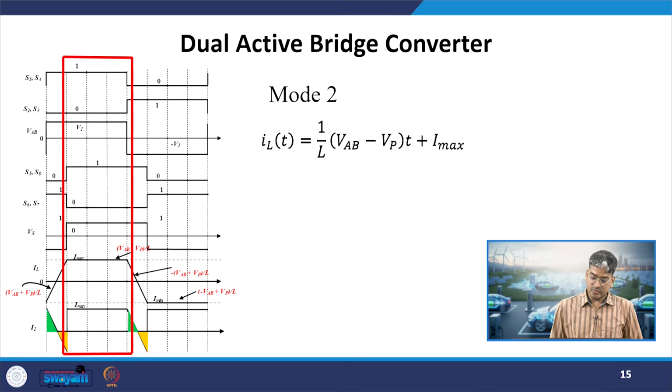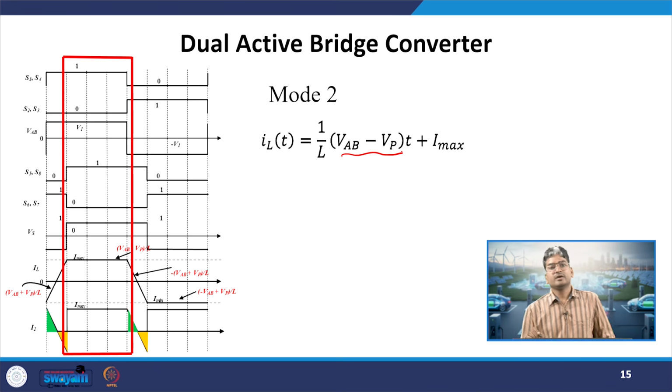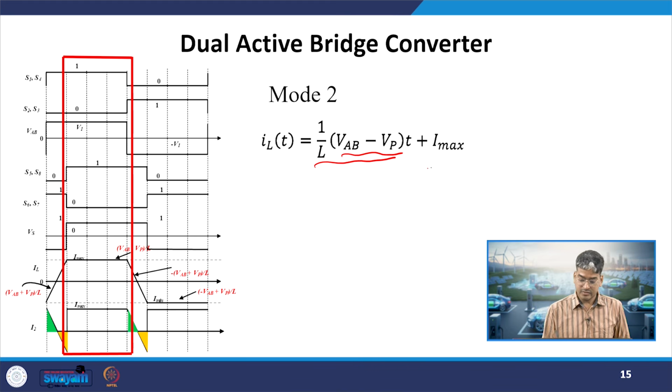So, in mode 2, what will be the voltage applied across the inductor? It will be the difference between our VAB and VP, and that will be divided by L to find out the slope of the line over here. And added with the initial value, that is plus I max, as at the end of mode 1, or at the beginning of mode 2, it was at I max value.